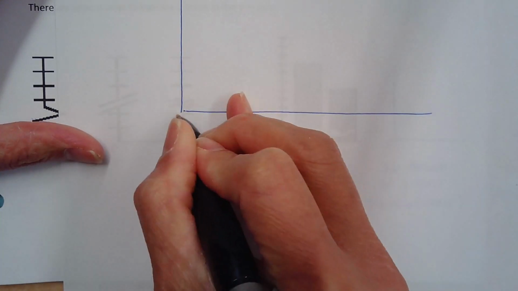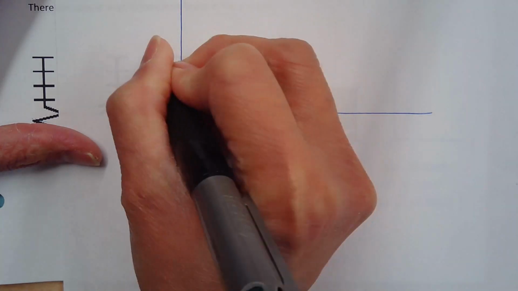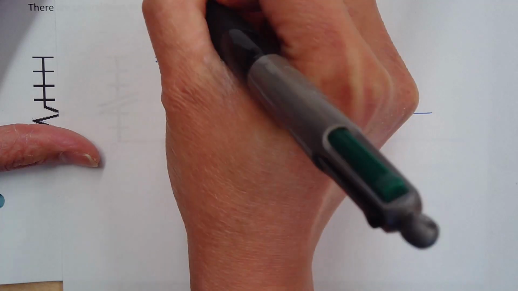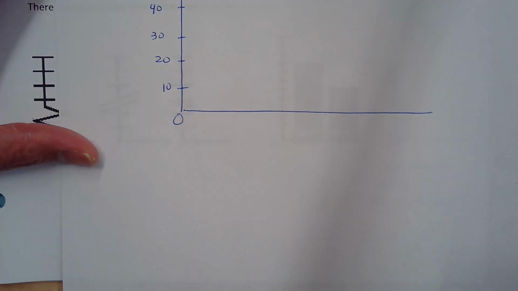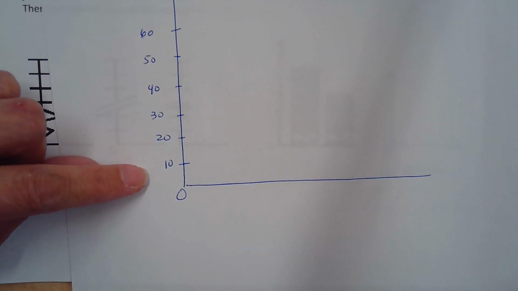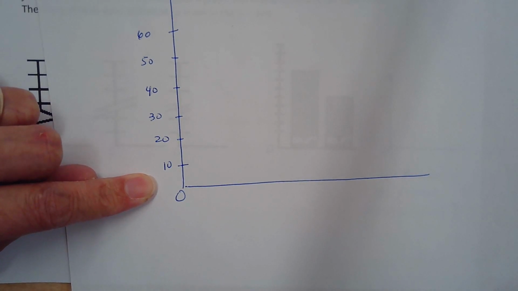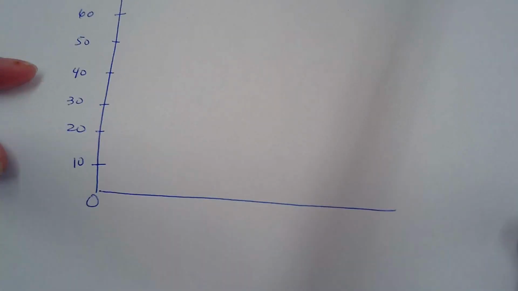Okay, so this is 0, 10, 20, 30, 40. So this one here starts at 0, no breaks, okay? But I'll show you what happens when there's a break in the graph.